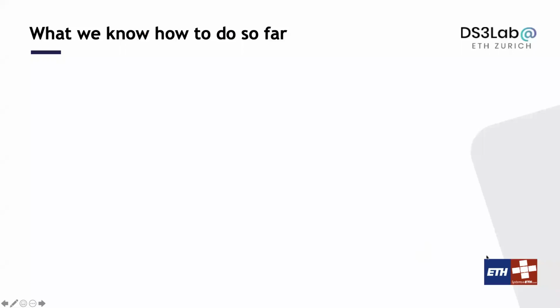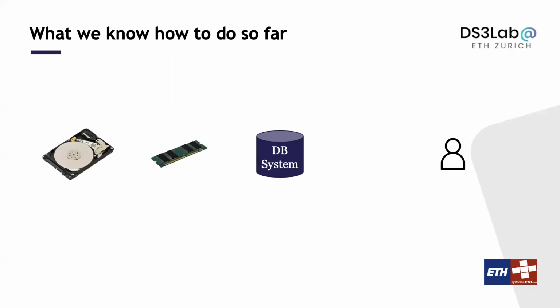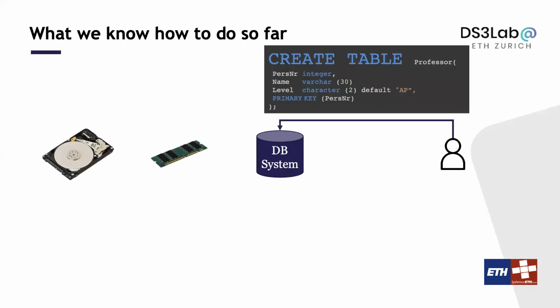Okay, so where are we in terms of learning databases? Over the last couple of weeks, we learned how to query a database system as a user. There are two interaction models. You can ask the database to create a table, and whenever you do that, the database system will store your information on the hard drive.